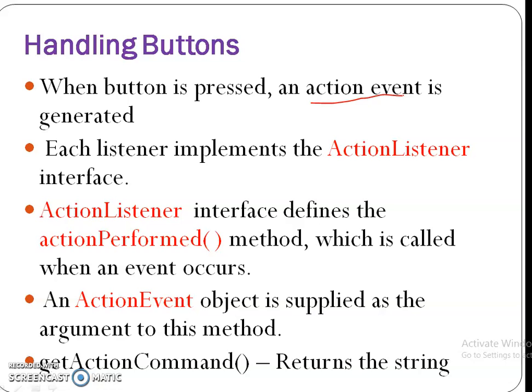Regarding the action event of a button, there is a need to implement the ActionListener interface, and this interface contains the actionPerformed method. So whenever we are using the button, there is a need to give the implementation for the actionPerformed method.